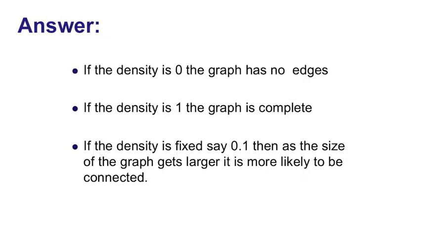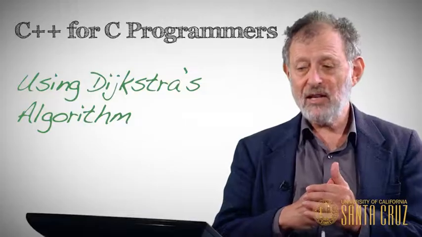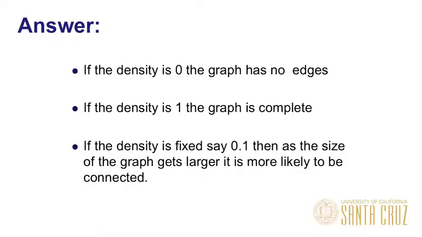Okay, as we just said already, 0 means the calculation says no chance. You're never going to stick an edge in. 1 means you're always going to stick an edge in, so it's going to be a complete graph. And now if the density is 0.1, and we have a size that grows, so let's say we have 5 nodes, density 0.1.